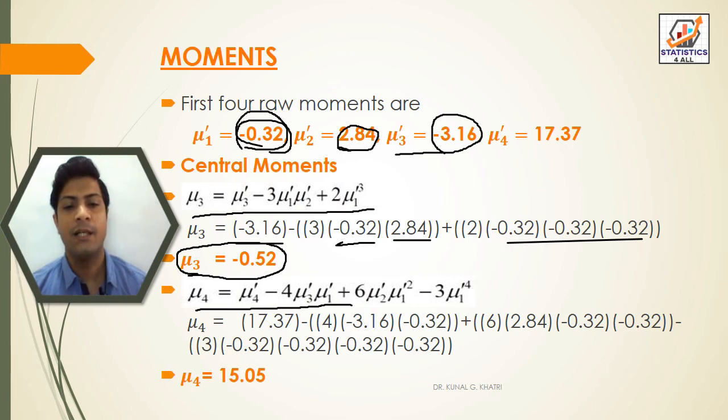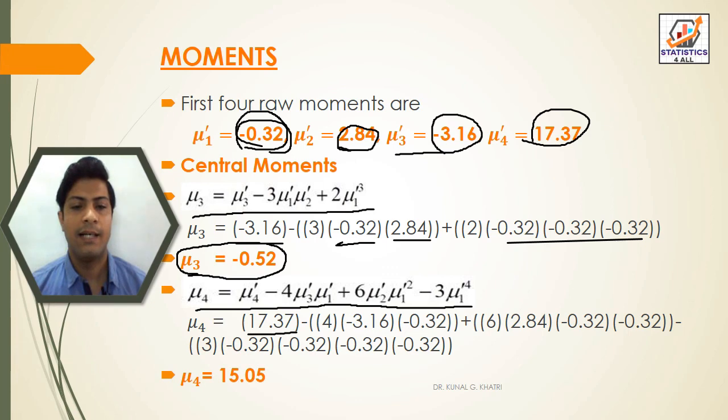Now we'll find mu 4, where mu 4 is equal to mu 4 dash minus 4 mu 3 dash into mu 1 dash plus 6 mu 2 dash into mu 1 dash square minus 3 into mu 1 dash raised to power 4. So here mu 4 dash is equal to 17.37, and mu 3 dash and mu 1 dash are given here, minus 3.16 and minus 0.32.